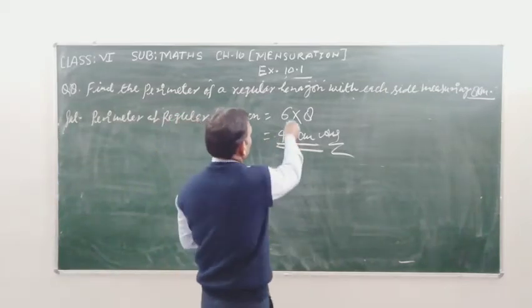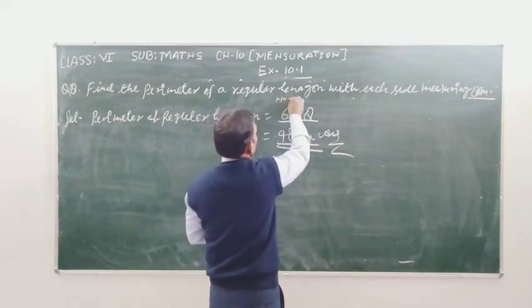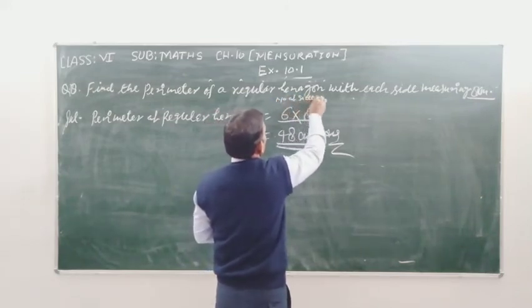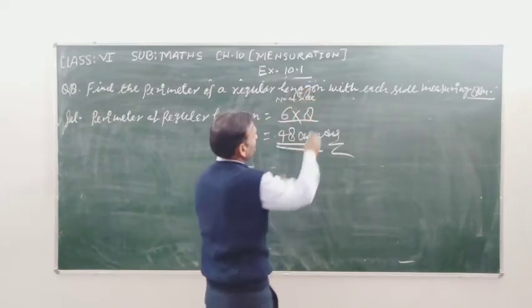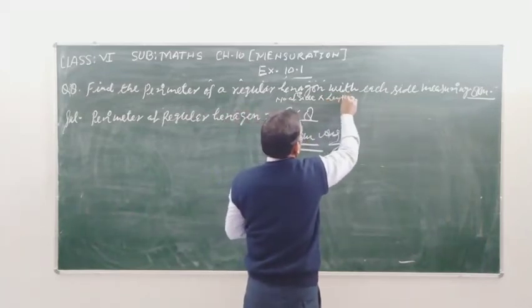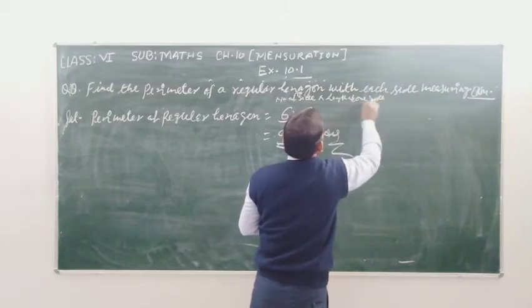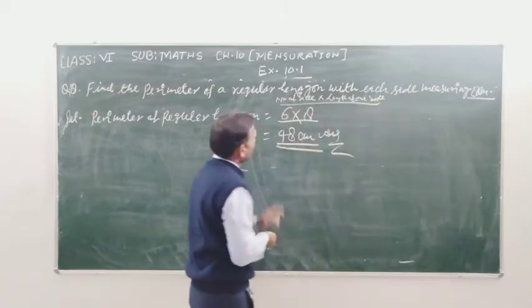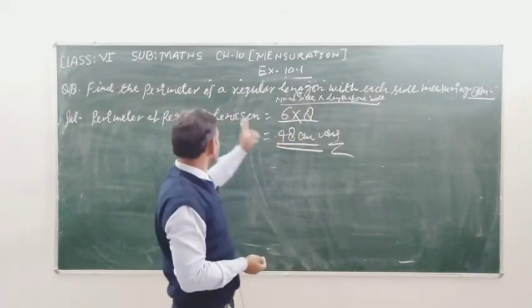It is formula. Number of total sides into length of one side. This is the formula, and we have put the value in this formula, 6 into 8, because this is a hexagon.